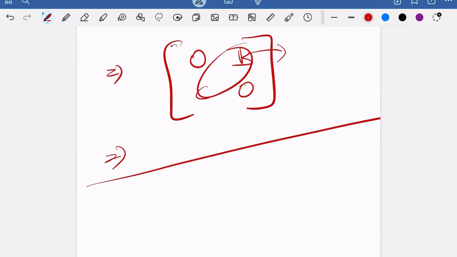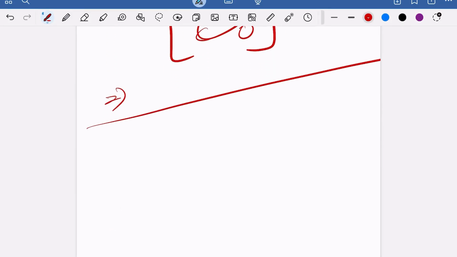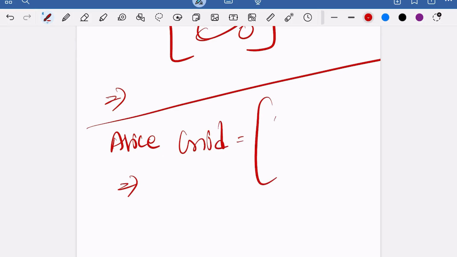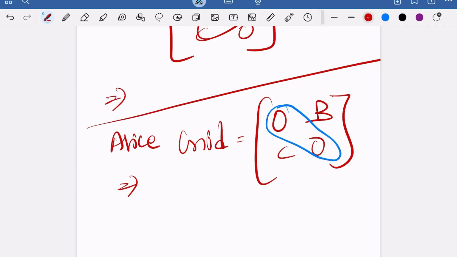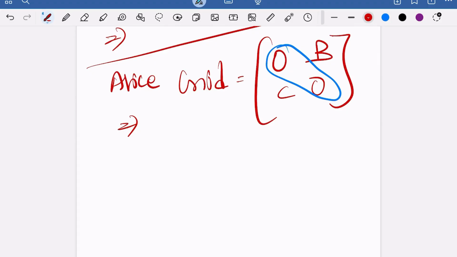Using this observation, we'll see a case where Alice has successfully made a diagonal 0. Let that diagonal be A and D, and B and C are left. As this diagonal is already 0, as Bob wants to remove more stones from the grid, he will always choose the cell in which there are more stones.